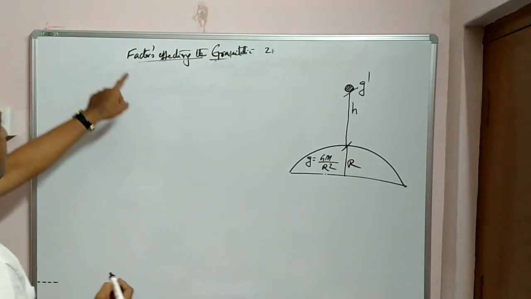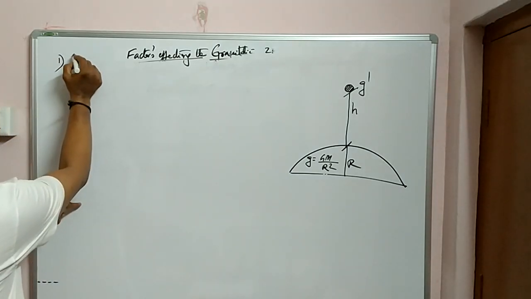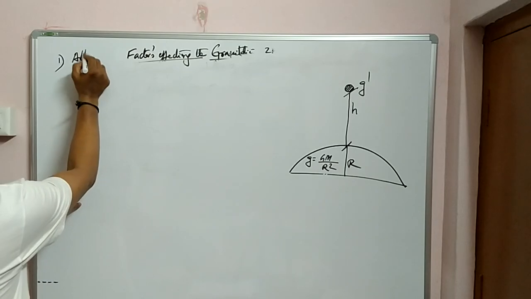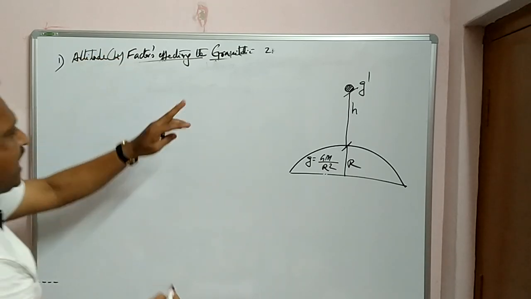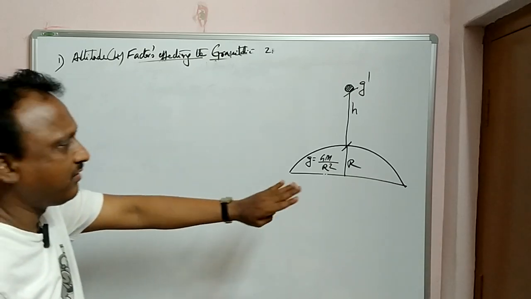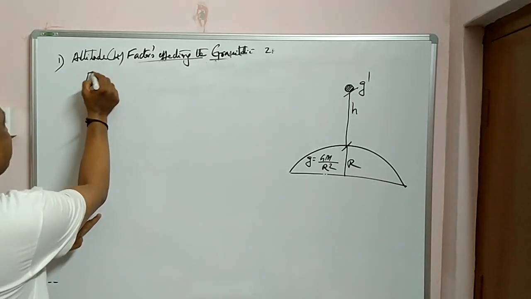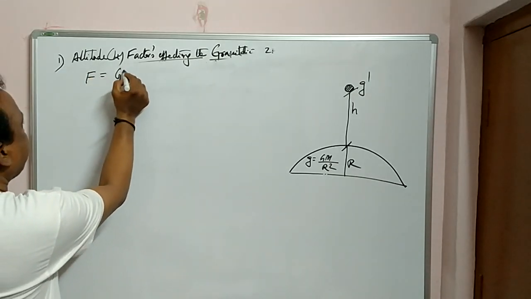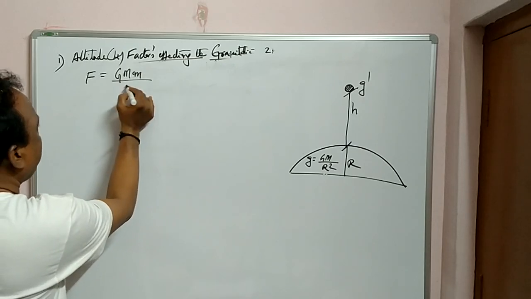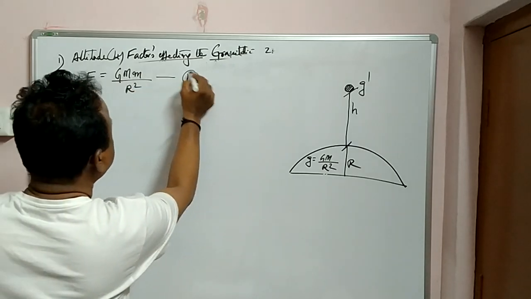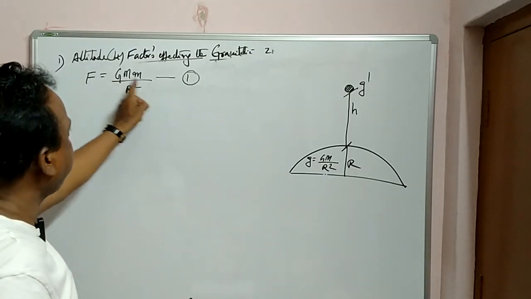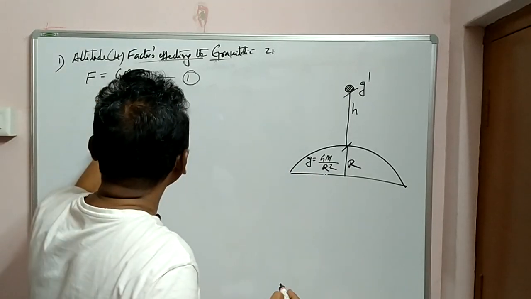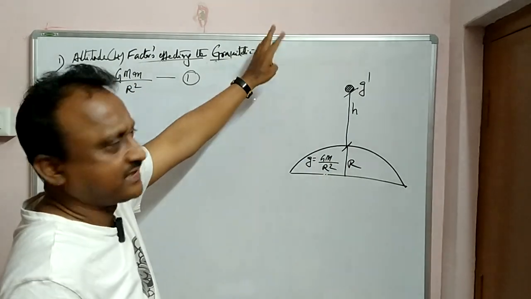So first one is due to height, that is altitude. On the earth surface, what is the force of attraction between two bodies? Capital G, capital M by r square, equation 1. On the earth surface, the force of attraction between two bodies: the mass of the earth, and another any other body going above that surface.